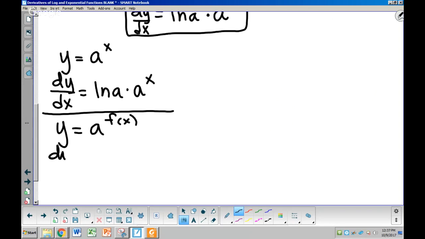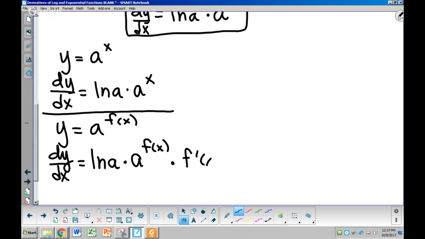So dy/dx will be natural log of a times a to the f of x times the derivative of the inside, which is f prime of x. So you always take the derivative of the exponent. Questions on that?